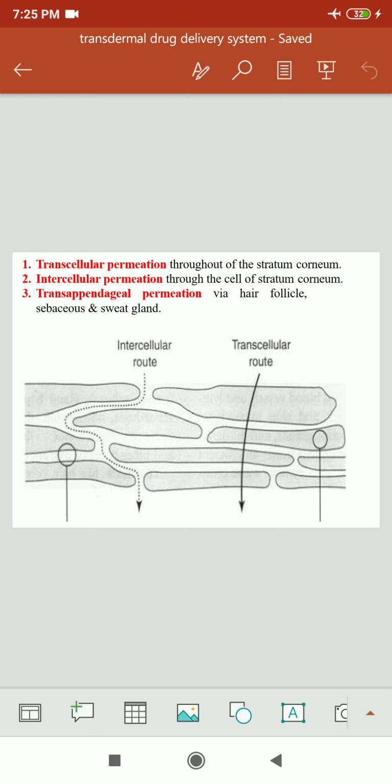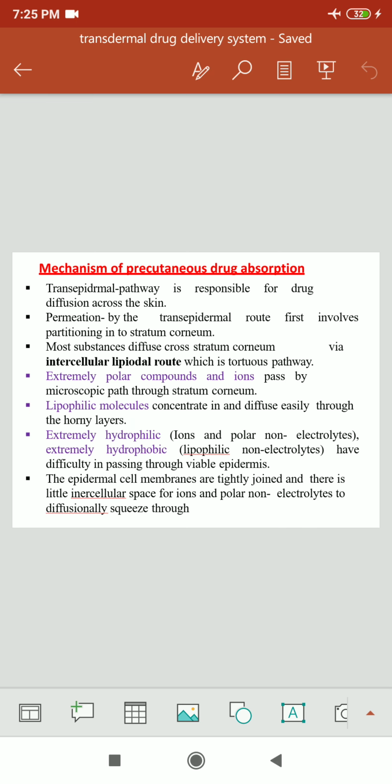Next is transappendageal permeation via the hair follicles, sweat glands and sebaceous glands. Then transepidermal is the pathway of diffusion across the skin, involving a partitioning mechanism to enter the stratum corneum. Most substances diffuse across the stratum corneum via the intercellular lipoidal route.